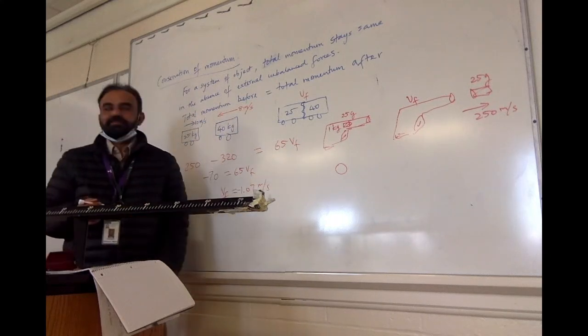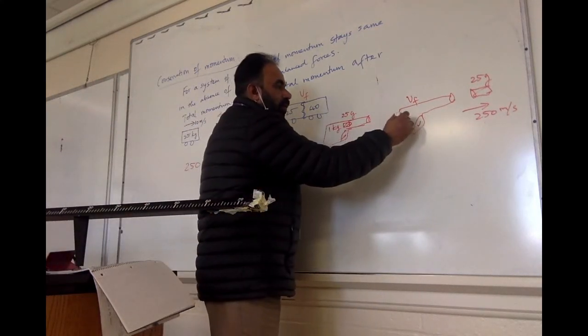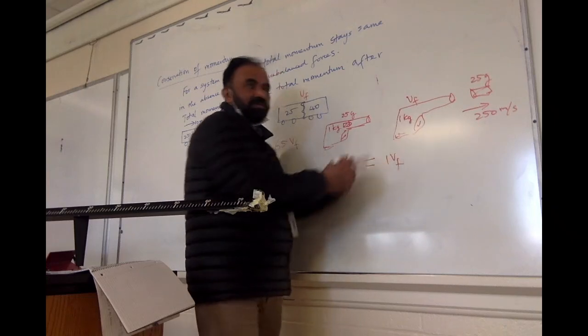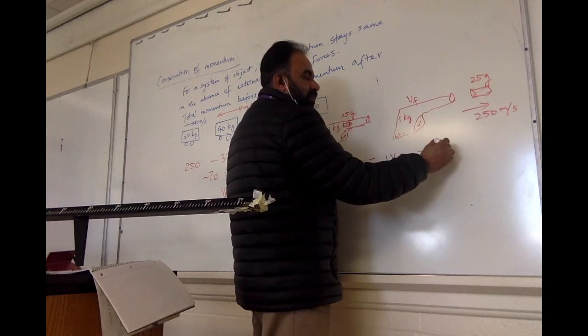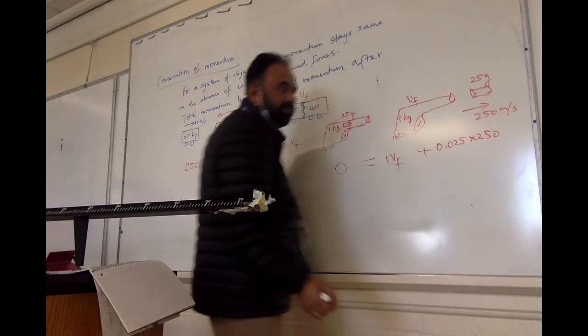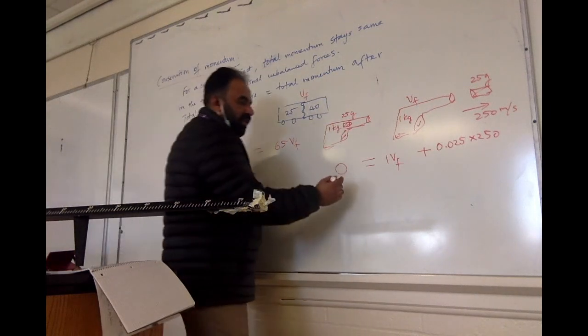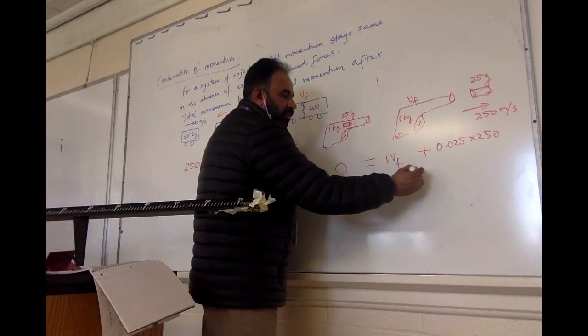So let's see. 0 on this side is equal to 1 VF, momentum of this, plus 0.025 times 250. And if you work it out, 0 equals VF plus 6.25.